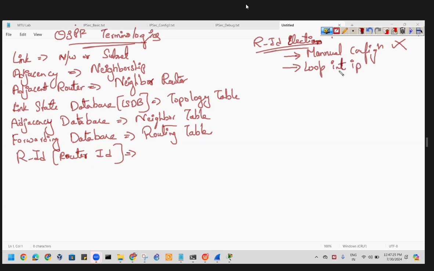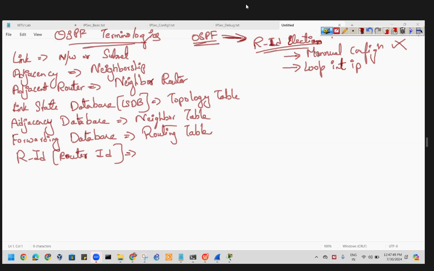One is manual configuration. Until the configuration is there, the router can use it. Now RID is a kind of identification. The OSPF device will use it as its identification to show itself to the entire topology. So every other router will see the OSPF router using that name. So this acts as the identification of the OSPF router.